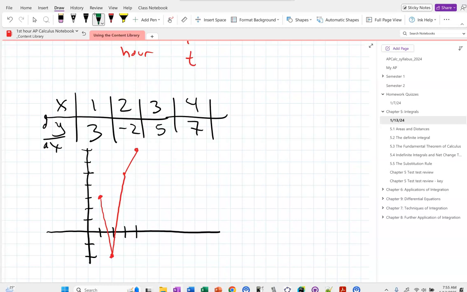So what I can do is build what's called a Riemann sum.